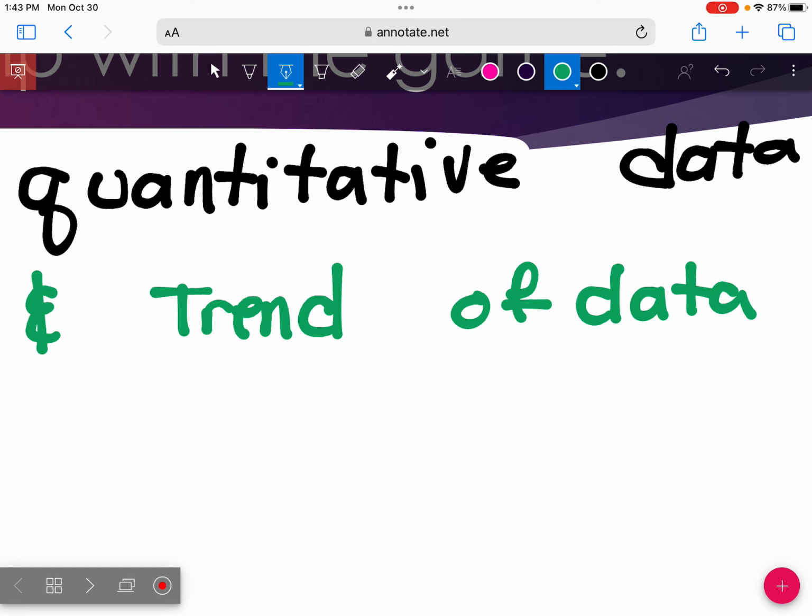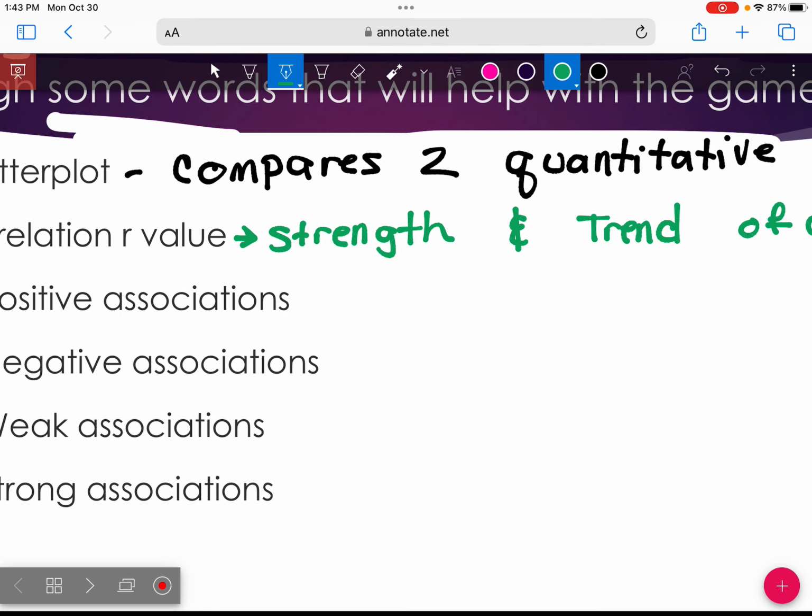You can think of it very similar to a slope. So if we have a scatter plot that has a positive association, all that means is our trend is trending upwards. So a positive R value goes up. It's a positive slope.